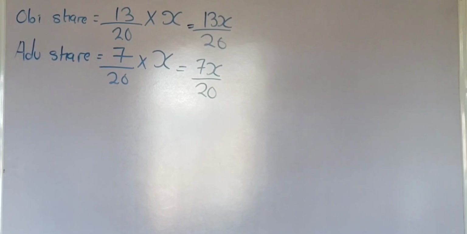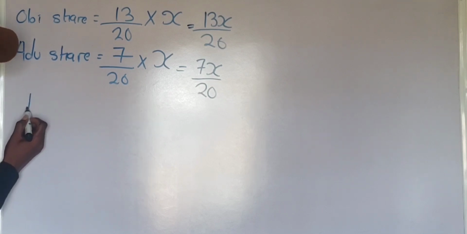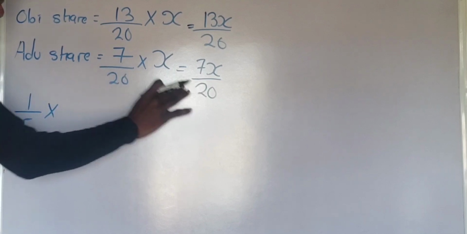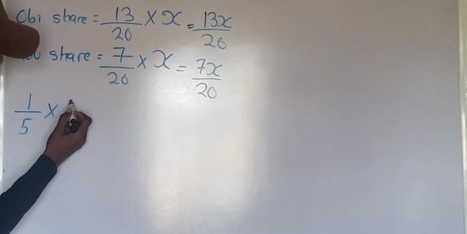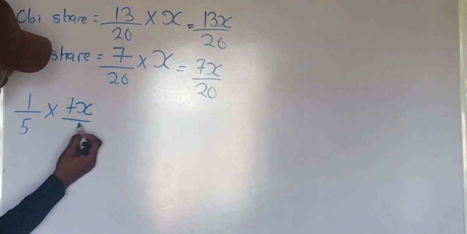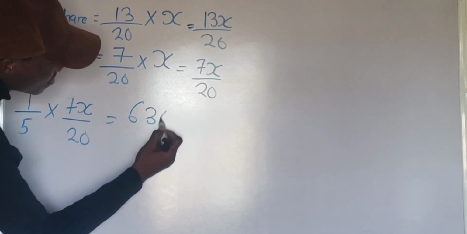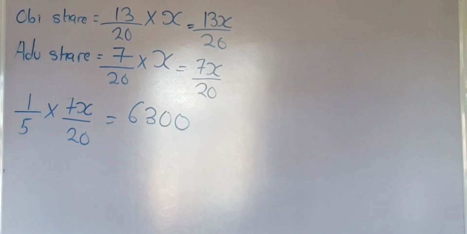Audu sells 1/5 of his share to Obi at 6,300 naira. That means I'm going to have 1/5 multiplied by Audu's share, which is 7x over 20, is equal to 6,300. I just interpreted the question. In mathematics, you must know how to interpret questions. Your ability to interpret the question alone has already solved half of the problem.